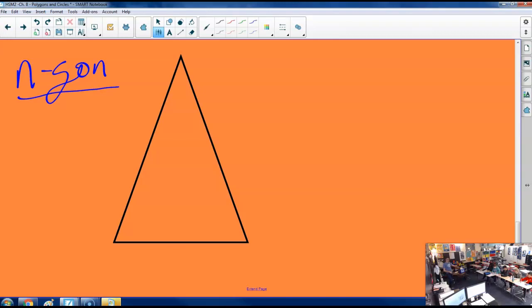You then, based off what your N is, are going to figure out your vertex angle.